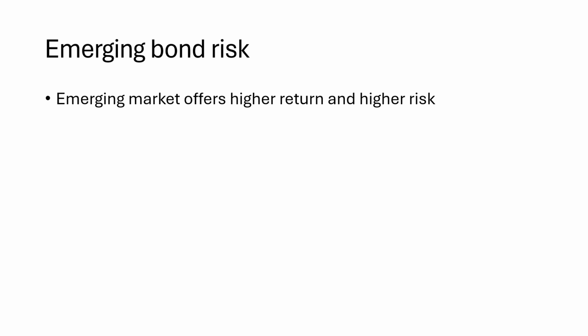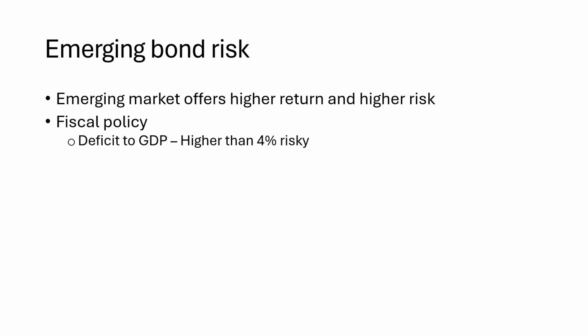Emerging markets offer higher return, so they also have higher risk. We need to remember all these few points, and I think you need to memorize them. Fiscal policy: if the emerging market has a deficit to GDP ratio higher than 4%, then it's risky.